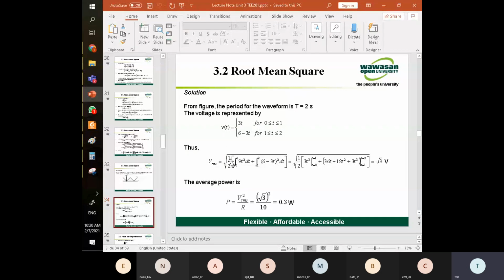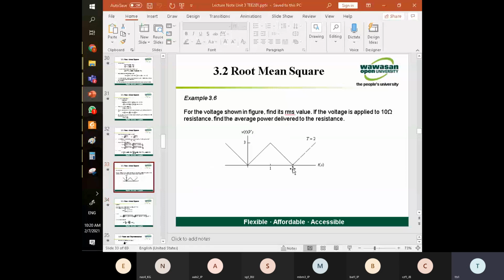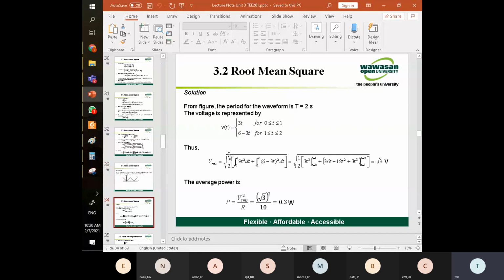1 over 2 is the mean, right? Total time is here. One cycle is 2 seconds. So 1 over 2 goes in front, and then a big bracket here, and then integrate these two functions you have.